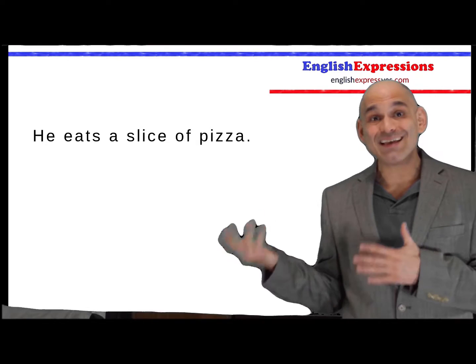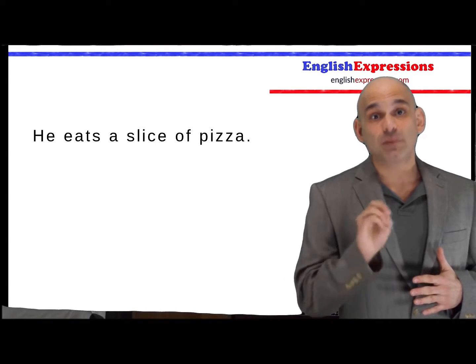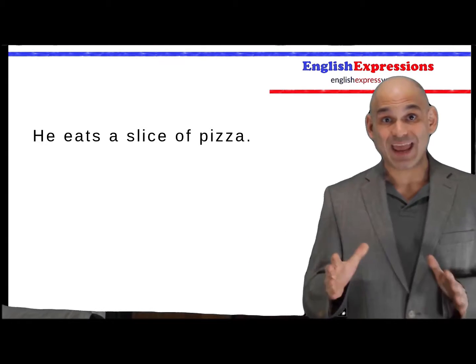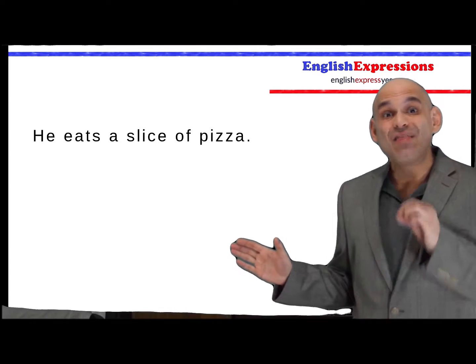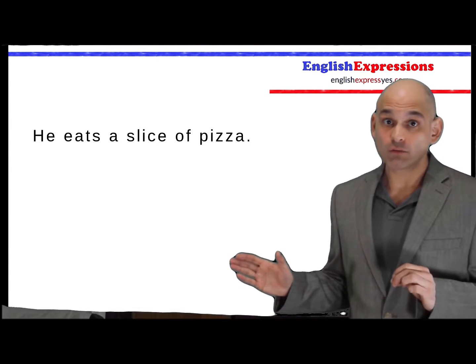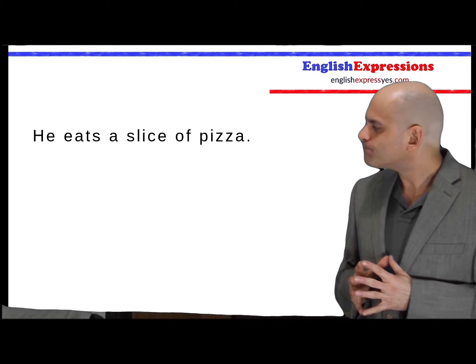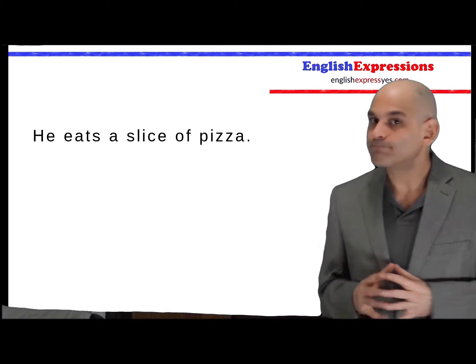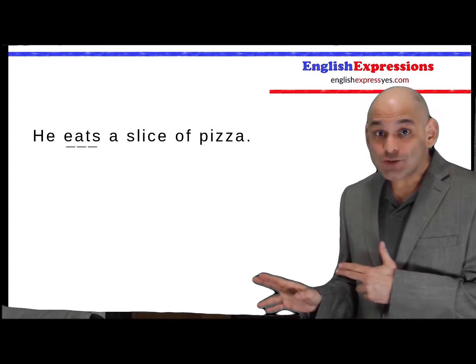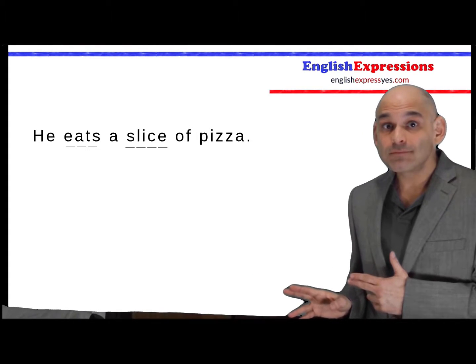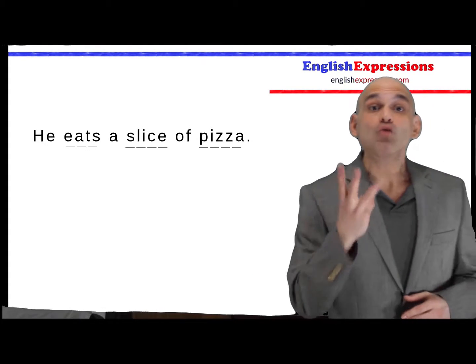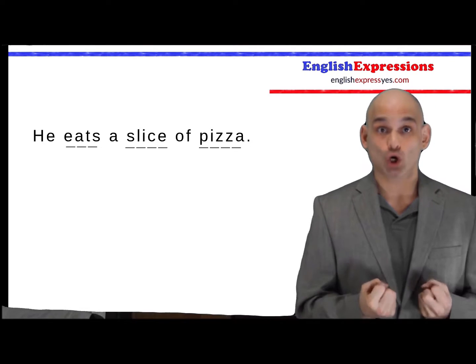So let's take that sentence, he eats a slice of pizza, as an example. Now, in this sentence, the content words are what? You guess. Think about it. That's right. Eats, slice, pizza. Those three words are the content words.